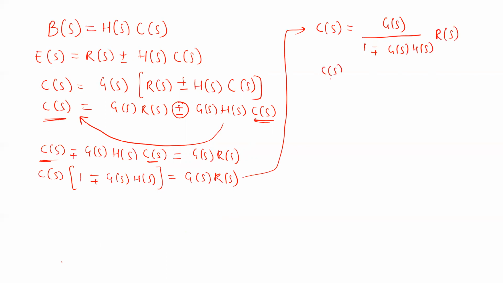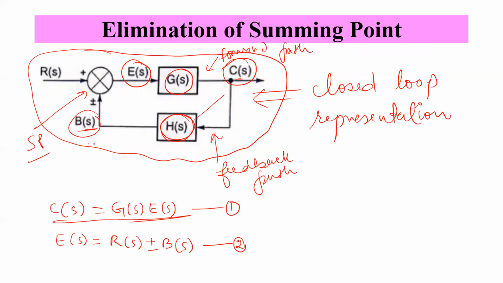Now CS by RS is GS over 1 minus plus GS HS. Let us say this is equation number 3. This is what you have for this given block diagram.